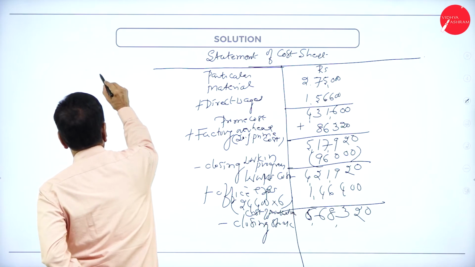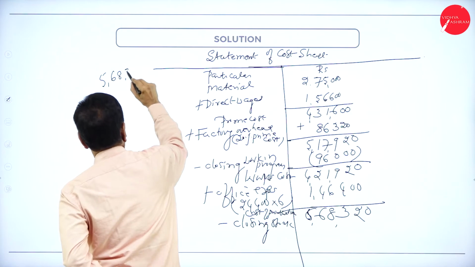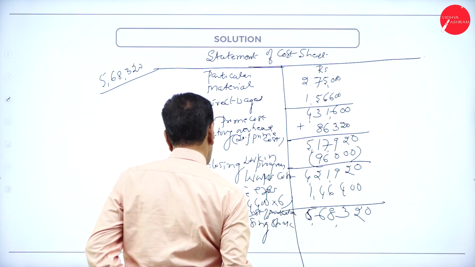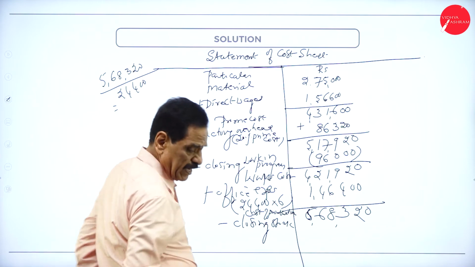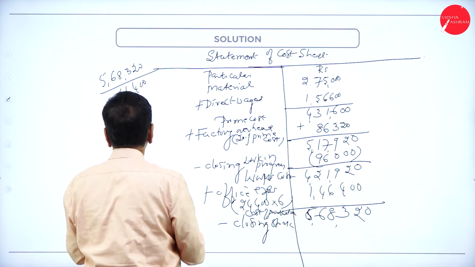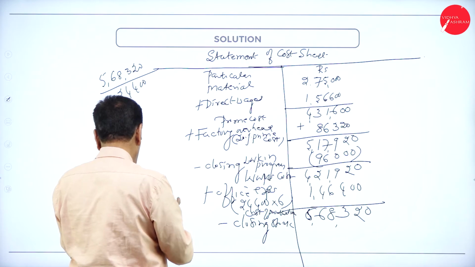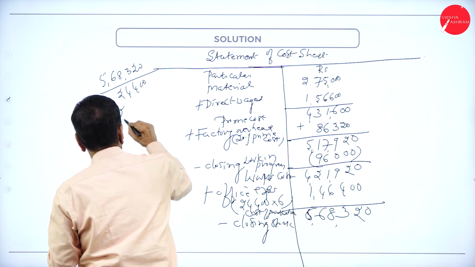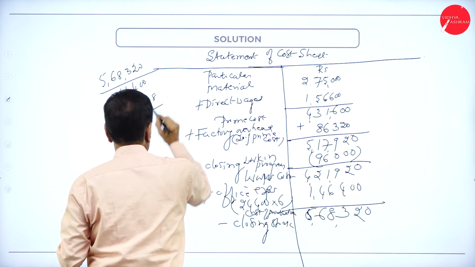5 lakh 68,320 divided by the units produced, 24,400. So 23.2918 cost per unit.